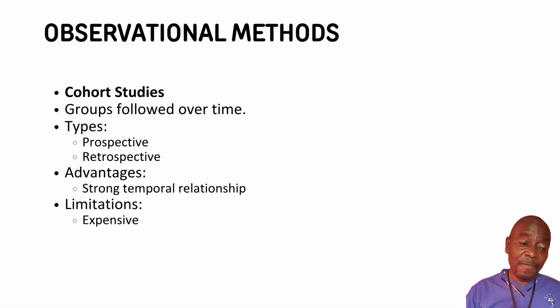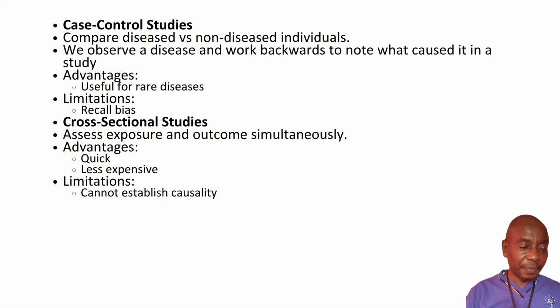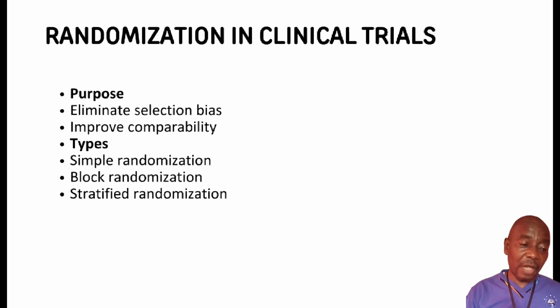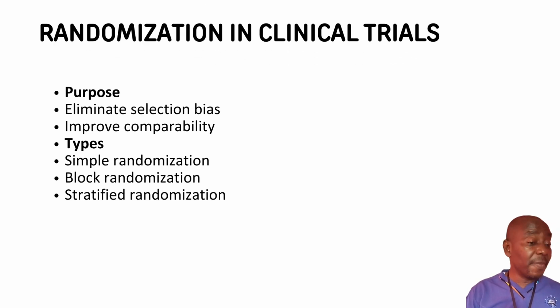Observational methods involve cohorts, even within a group, and so we follow them over time, note what is happening to them, and record the data from the observations, and with that we can make valid conclusions.